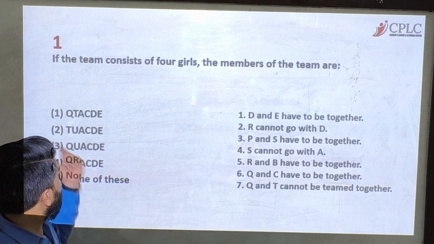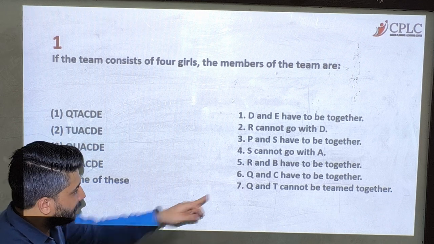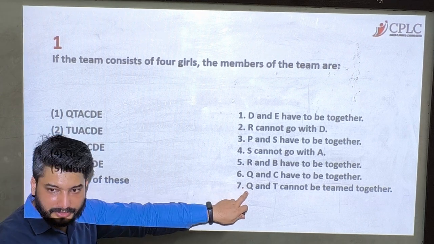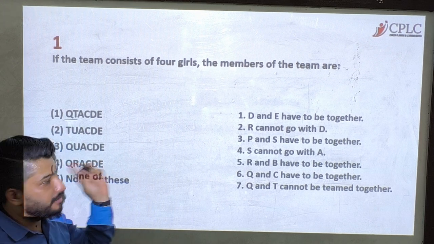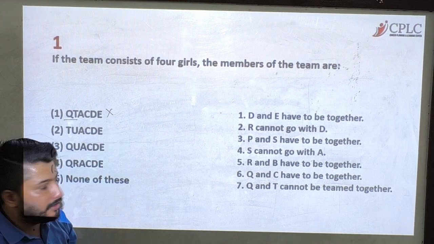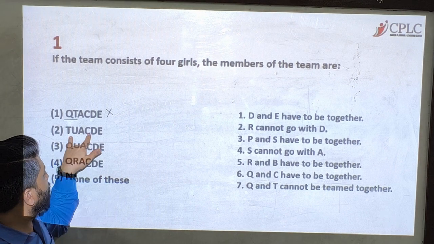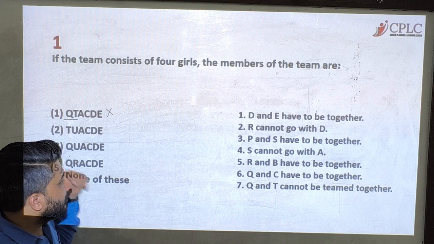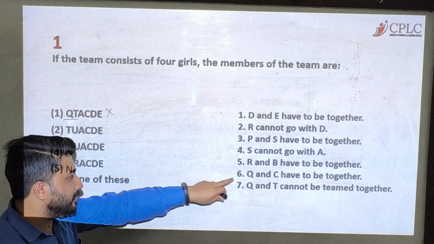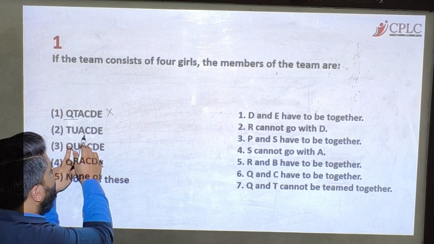When we look at that, you'll realize option 1 gets eliminated because of condition number 7, which says Q and T cannot be teamed together, whereas here they have been teamed together, so that is not a possible answer. If we go to option number 2, which has these members, I think condition number 6 is not satisfied because Q and C have to be together.